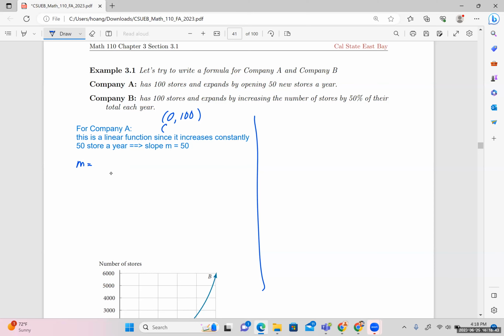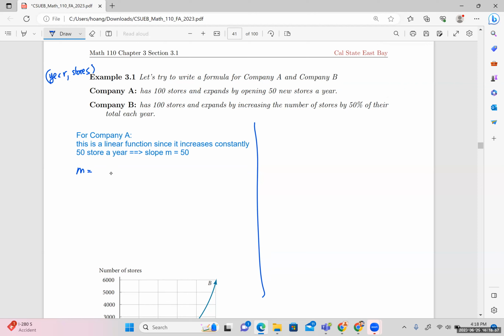So this is interpolation. So let me use year and then number of stores, right? So we have 0, 0 gonna be 100 stores.